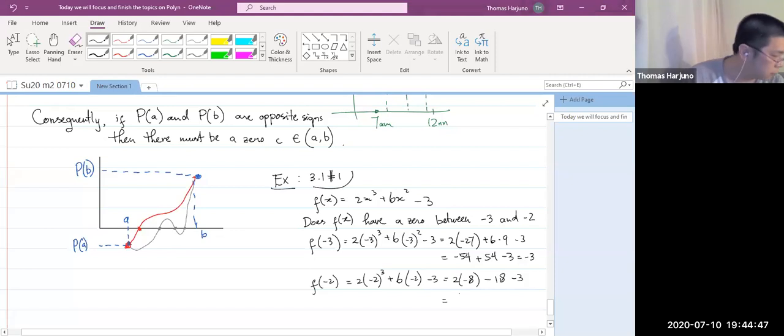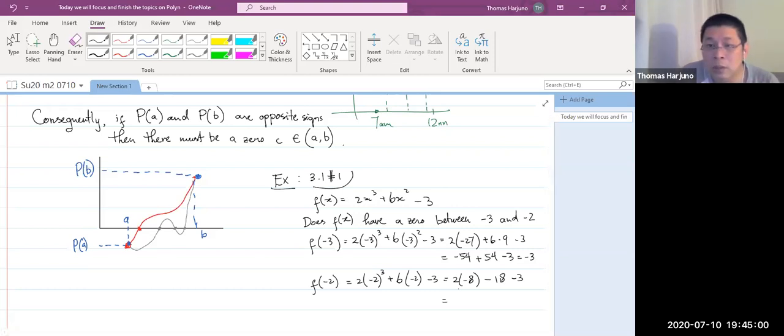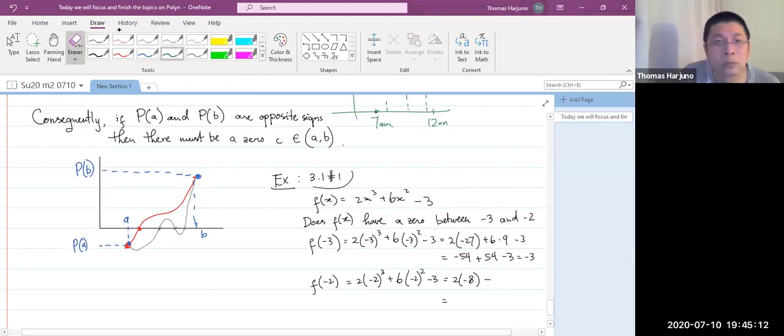Sorry, I computed it incorrectly. It's 6 times -2 squared, so I should have squared here. So this is plus 6 times 4. This is -16 plus 24 minus 3, that's 5.